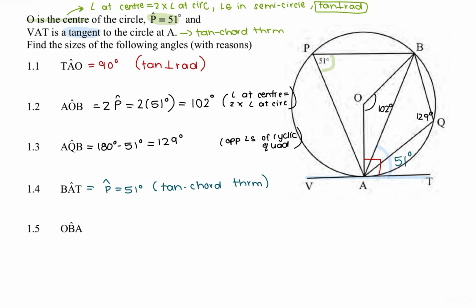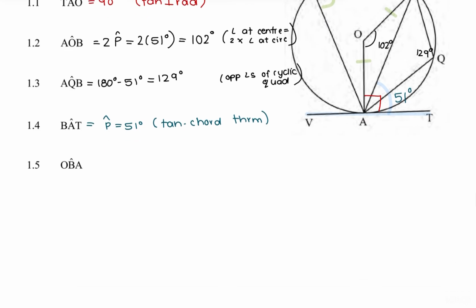Okay, and then the last one for today. We need to find OBA. Now this looks very confusing and can be very alarming if you're not dissecting it. As a hint, if you are trying to solve this step by step and pausing before I do the answer, you need to notice that OA is equal to OB because they are radii.